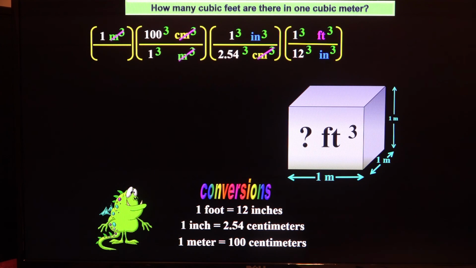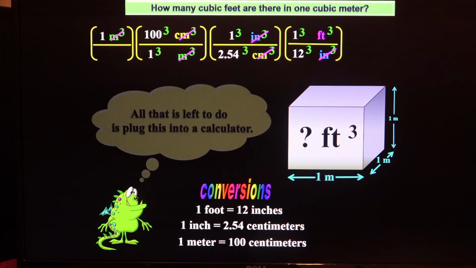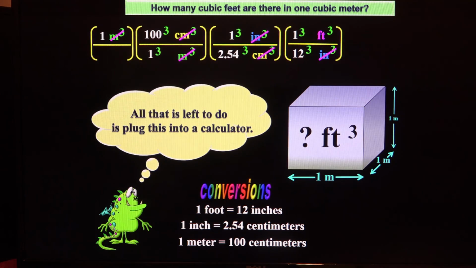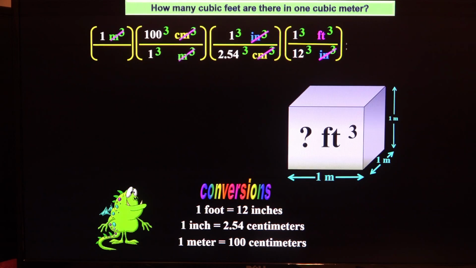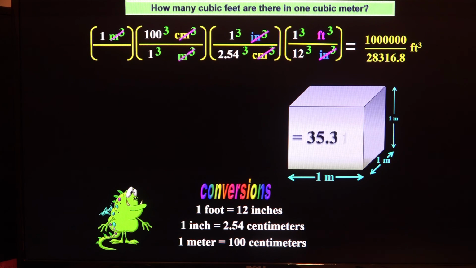The meters drop out, the centimeters drop out, the inches drop out, and all that is left now is feet cubed, and we just need to plug it in the calculator. So we end up with 1 meter cubed is the same as 35.3 feet cubed.